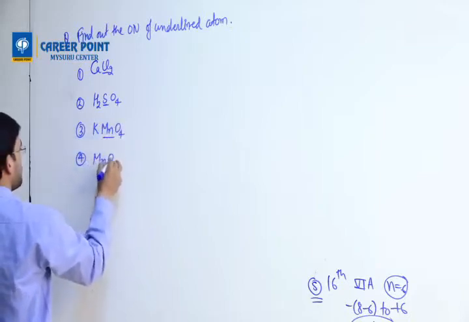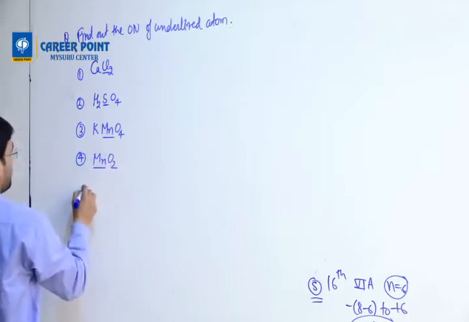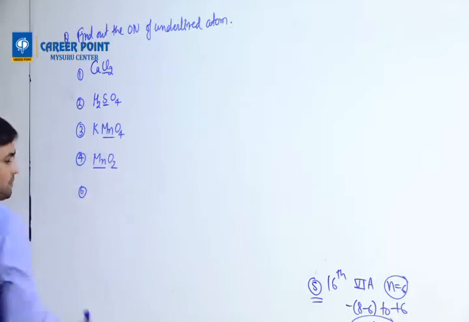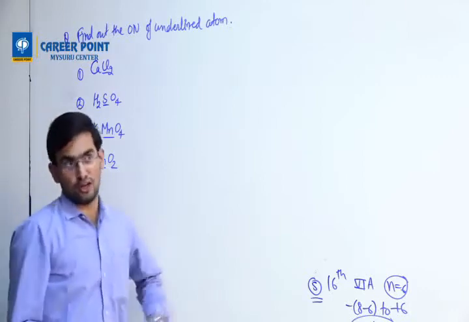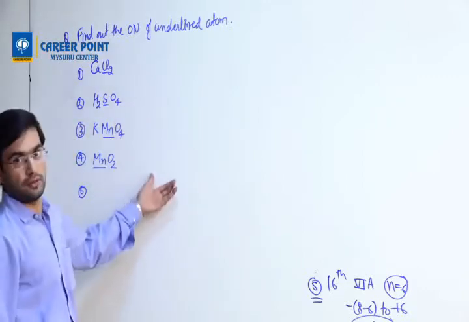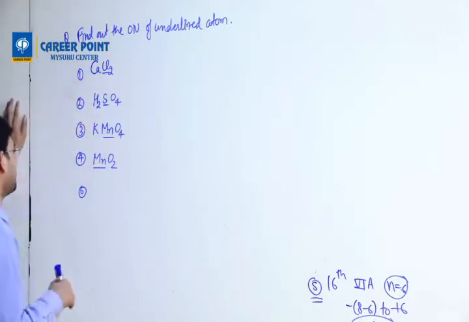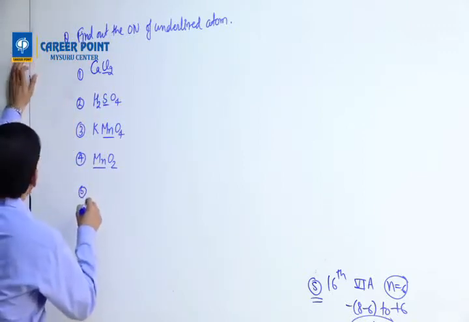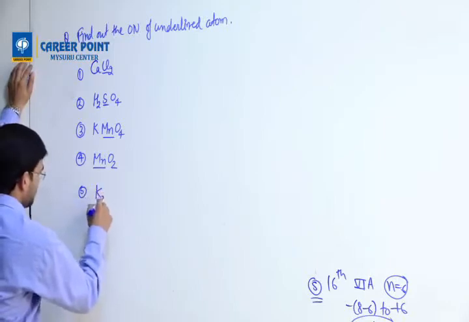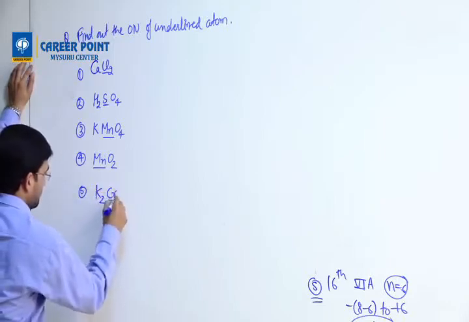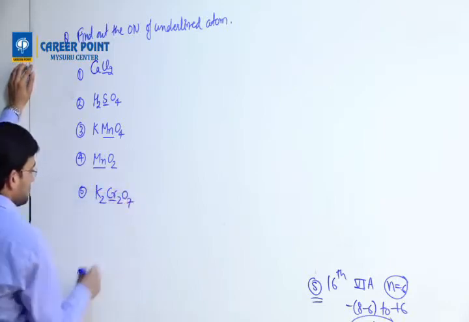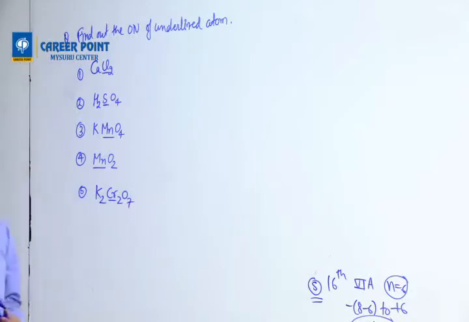I'm writing the questions on the board, and you have to tell me the answers one by one. While writing in the chat box, do not write 1, 2, 3, 4, 5; write which value you are telling and in which question. I wrote 5 questions, you can have 5 minutes.